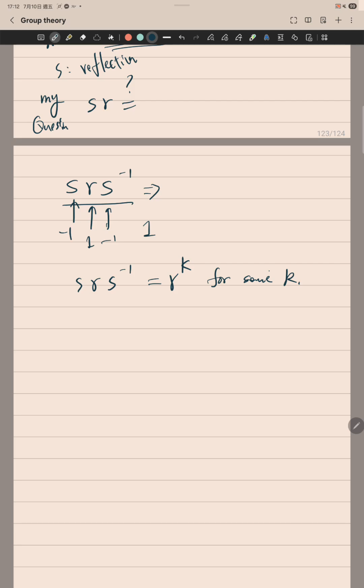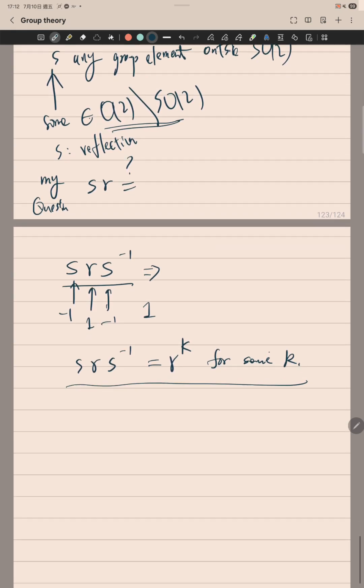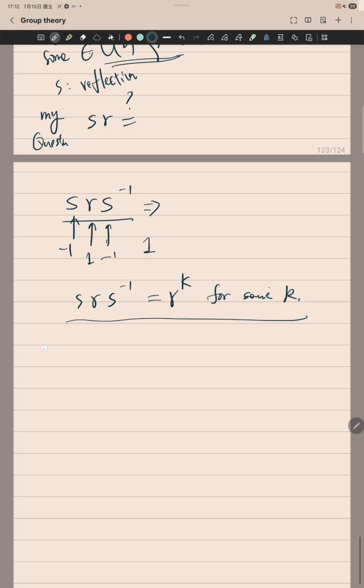Okay, but it's hard to decide which K it is. So now we need to use some geometric property. Notice that S is in O2, not SO2. In particular, S is in O2, right? So S is diagonalizable.